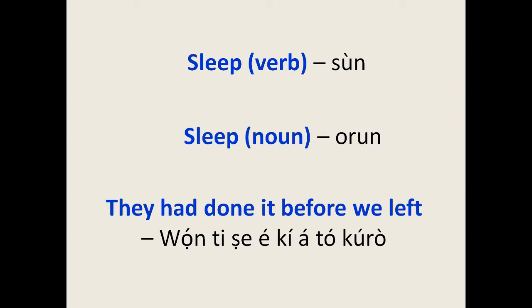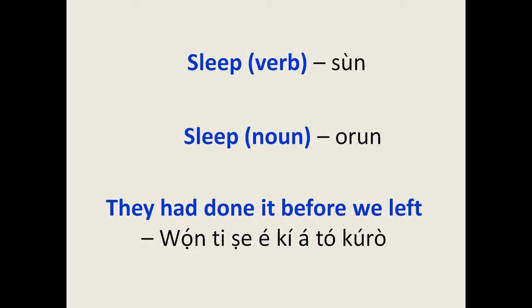Can you take a try on that, or just try to say that to any extent to which you can go? They had done it before we left. Don't forget that had and have, they are the same word, which is ti, right? So let's take this. They had done it before we left.